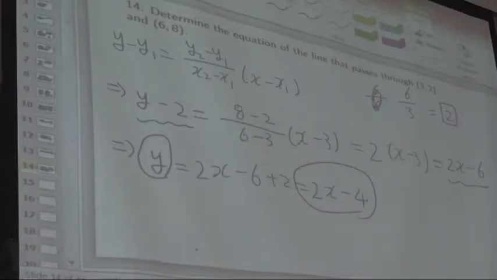I was with you till you got 2x minus 4. What do you mean the 2x minus 4? This is 2x minus 6 and move this negative 2, which makes a positive 2.